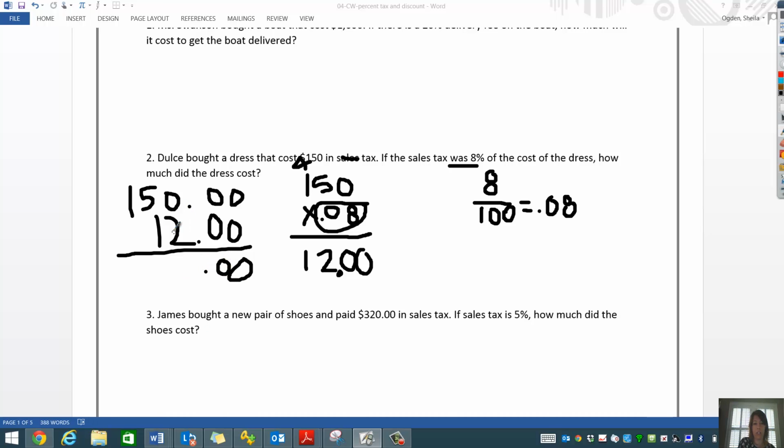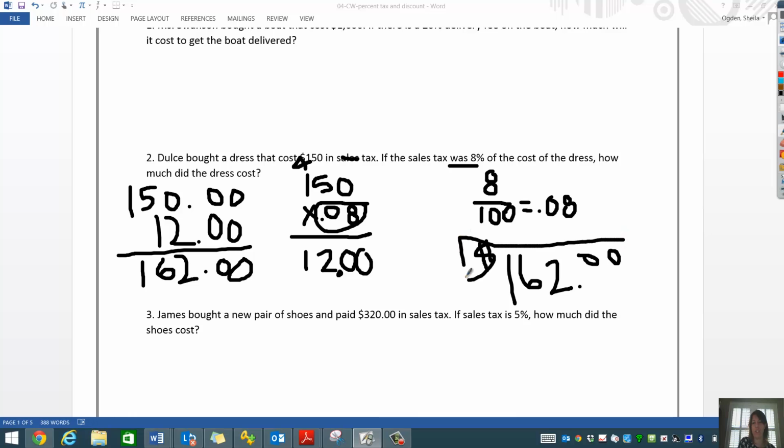There will be decimals today. 2 plus 0 is 2, 5 plus 1 is 6, and 1 plus 0 is 1. So the total cost of all of it is going to be $162. That's an example where you have to go back.